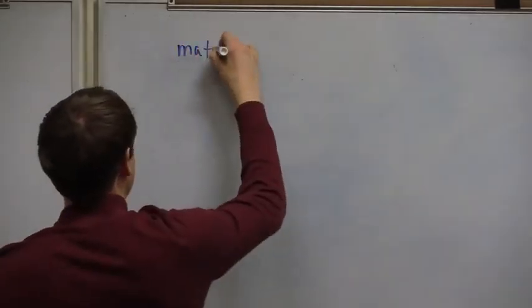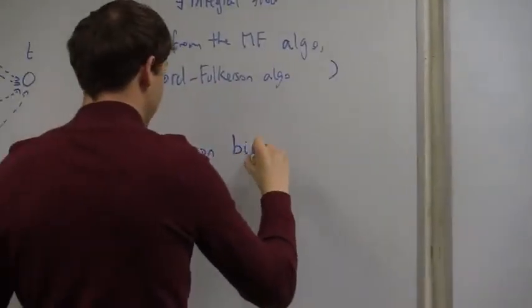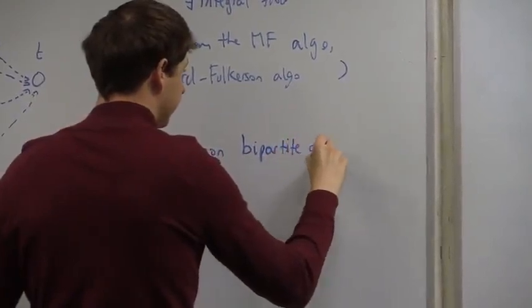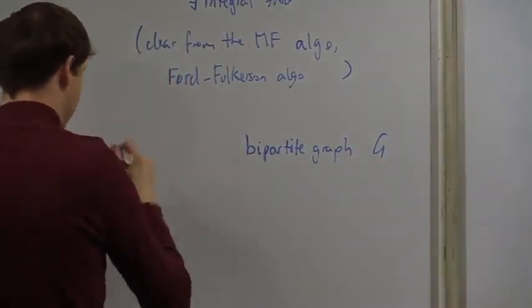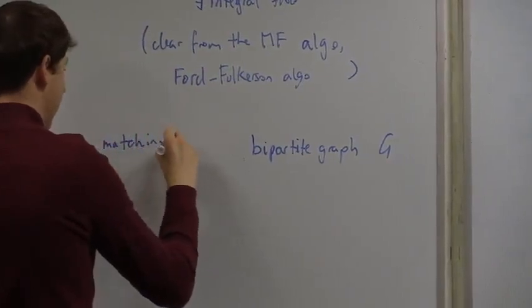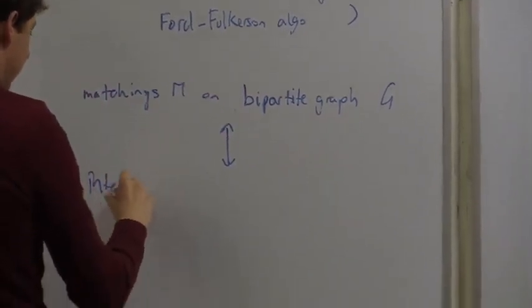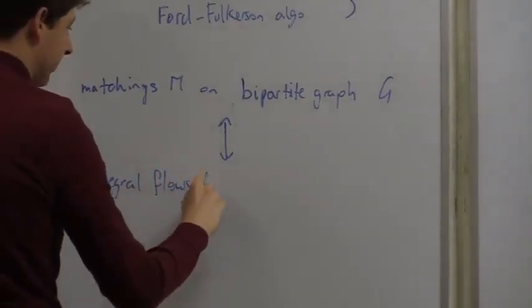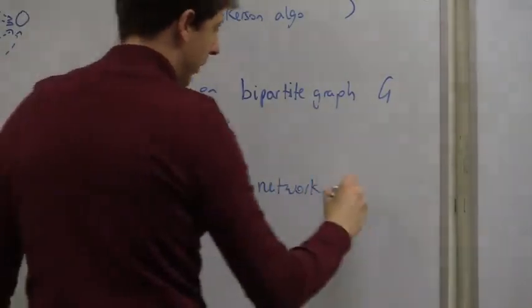We're going to argue that there is a correspondence between matchings M on the bipartite graph and integral flows F on the network. Let's call it G tilde.